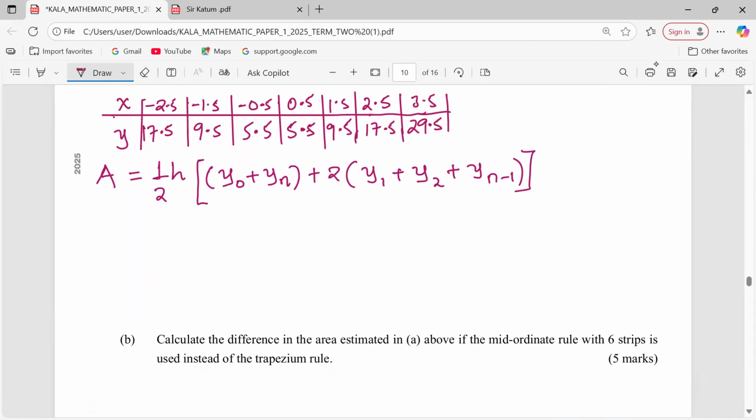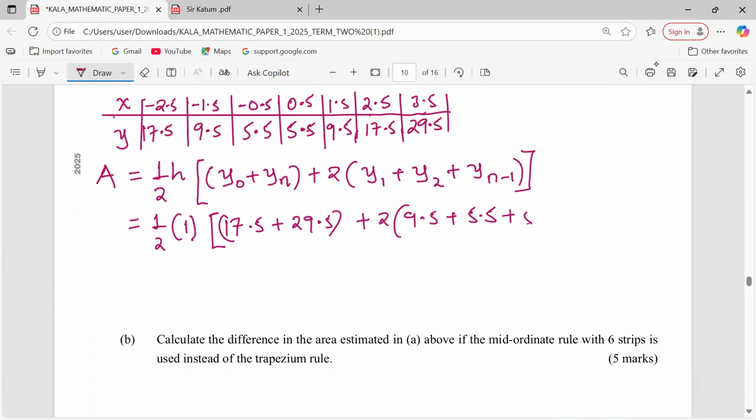That is the formula for estimating area.